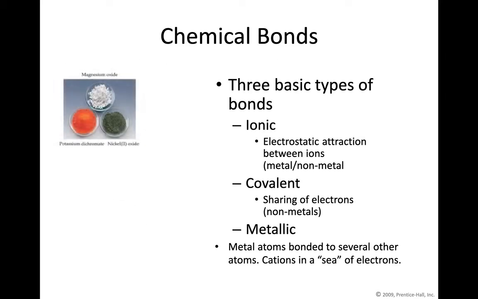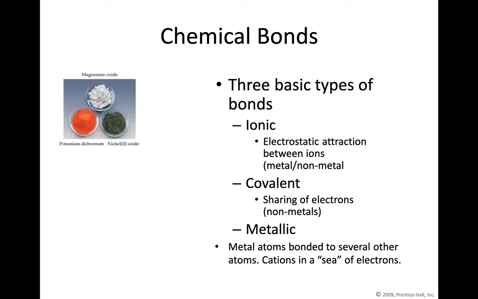So remember, there were three basic types of chemical bonds with a couple typical characteristics. We had ionic bonds, which were composed of electrostatic attractions between a metal and a nonmetal, so charged ions being attracted by the opposite charges.